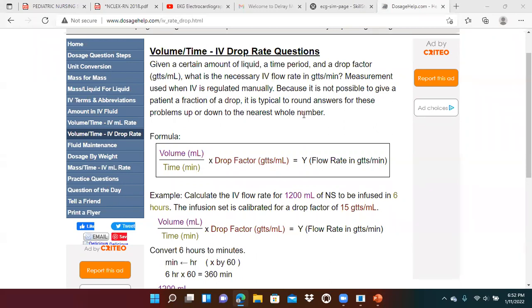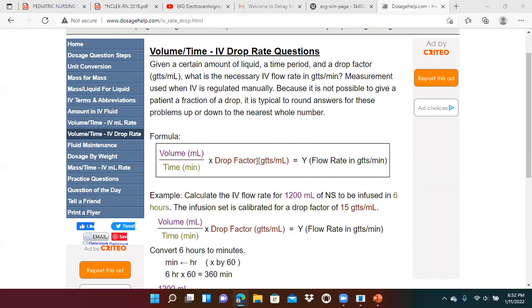So when we get any fraction, it is good to go to the nearest whole number. According to the formula, the flow rate in drop factor unit is GTT per minute, equal to volume in ml divided by time in minutes times the drop factor.